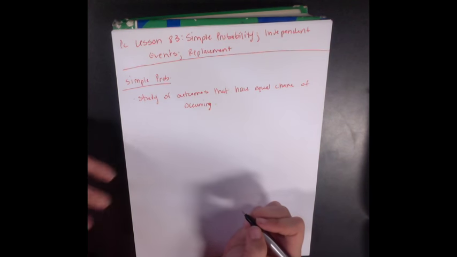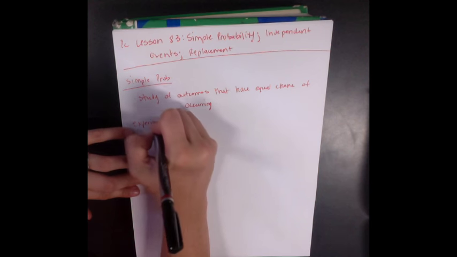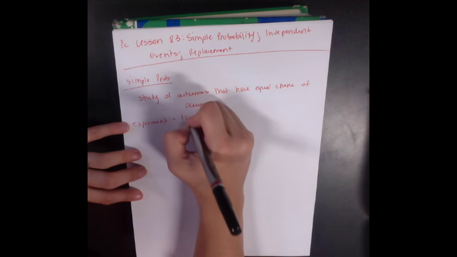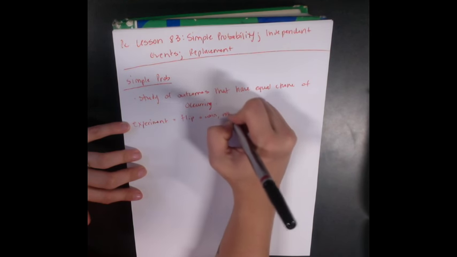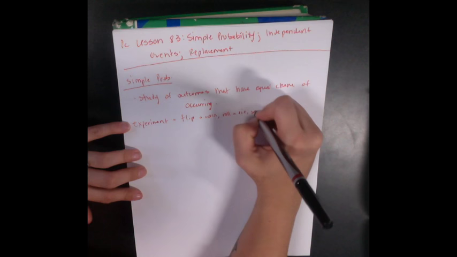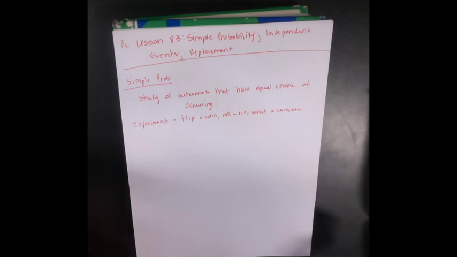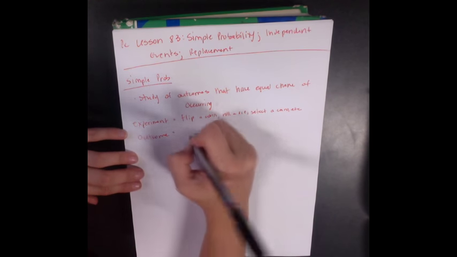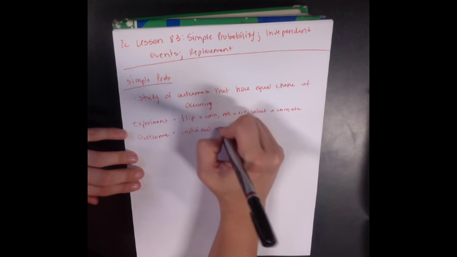Okay, so we have these different terminologies. Experiment is what we are doing: flipping a coin, rolling a die, selecting a card, etc. An outcome is the individual response.